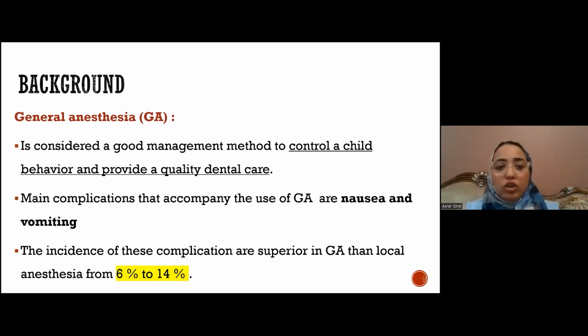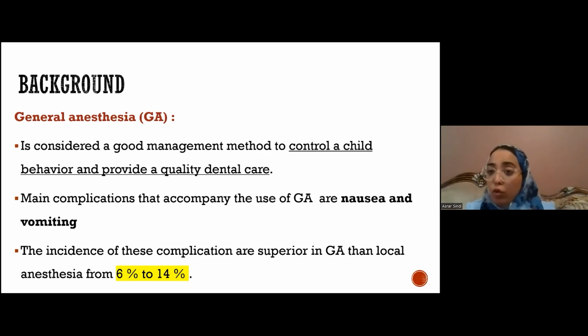Sometimes we go to general anesthesia to treat uncooperative patients, to reduce the length of the appointment for full mouth rehab, and to provide the patient quality dental care. But general anesthesia has complications. The main complication is nausea and vomiting.